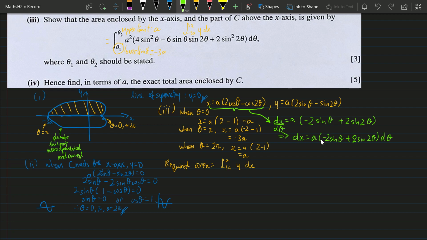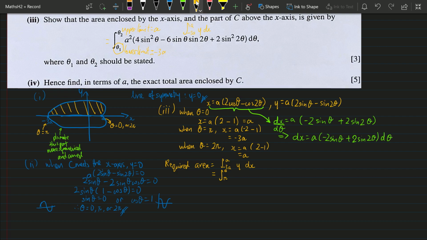Then for the required area, we've already established that when x equals negative 3a, the lower limit is actually pi. Is it? Yes, it's pi. And also because we want to keep things simple, when x equals a, theta is just 0. Let's just keep things simple.